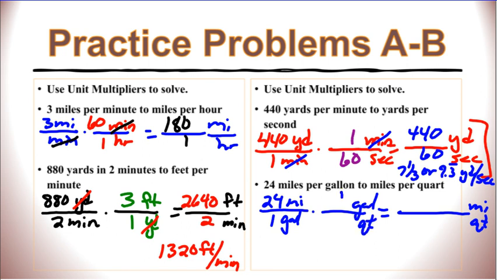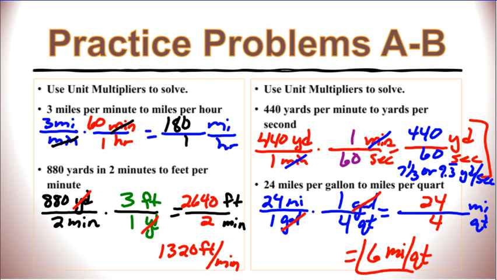I know that 1 gallon is 4 quarts. So now my gallon labels divide each other off, and I'm left with 24 times 1, which is 24. 1 times 4 is 4. So I have 24 miles per 4 quarts. 24 divided by 4 gives us 6. So 6 miles per quart would be my answer.